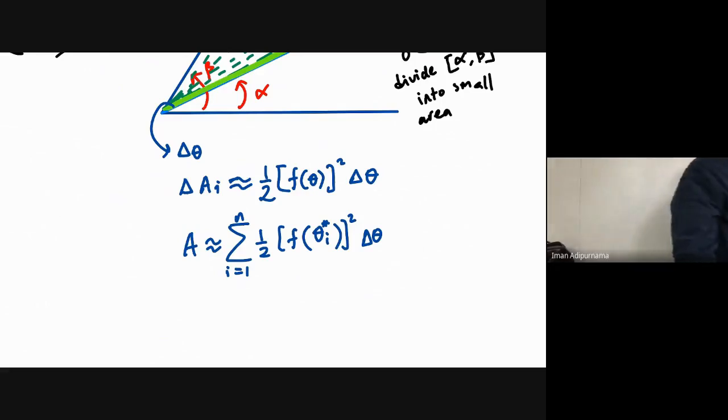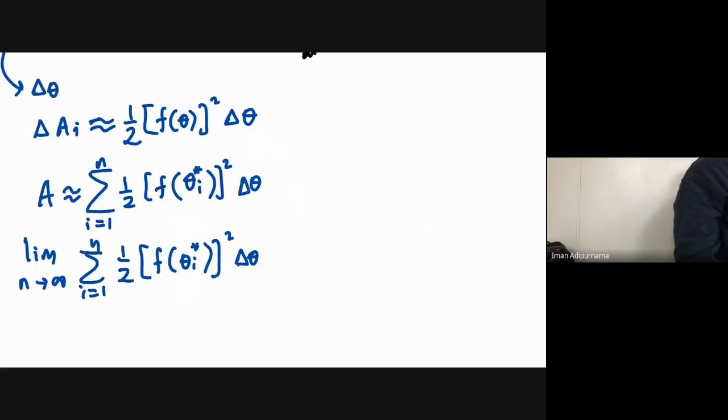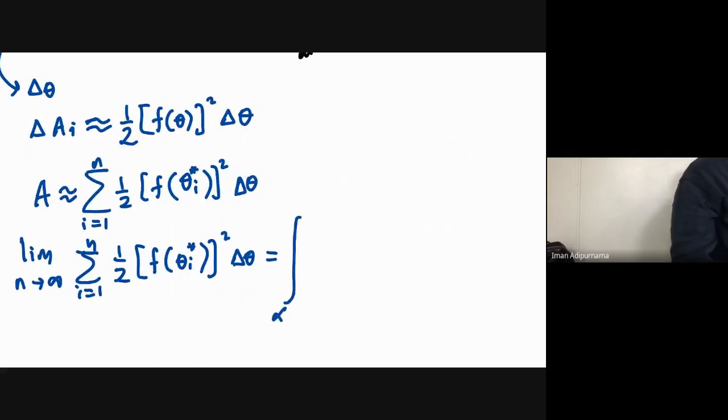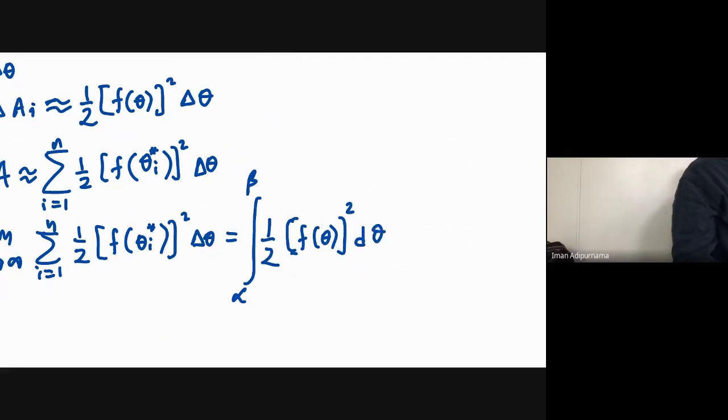And then from what we have done before, this is true. And we call this the integral definition. This is equal to the integral from alpha to beta of half f of theta squared d theta.